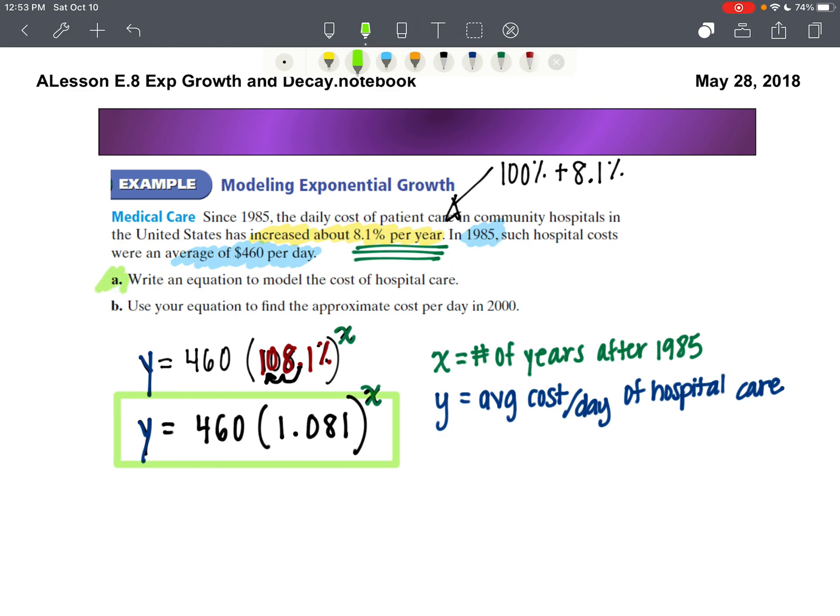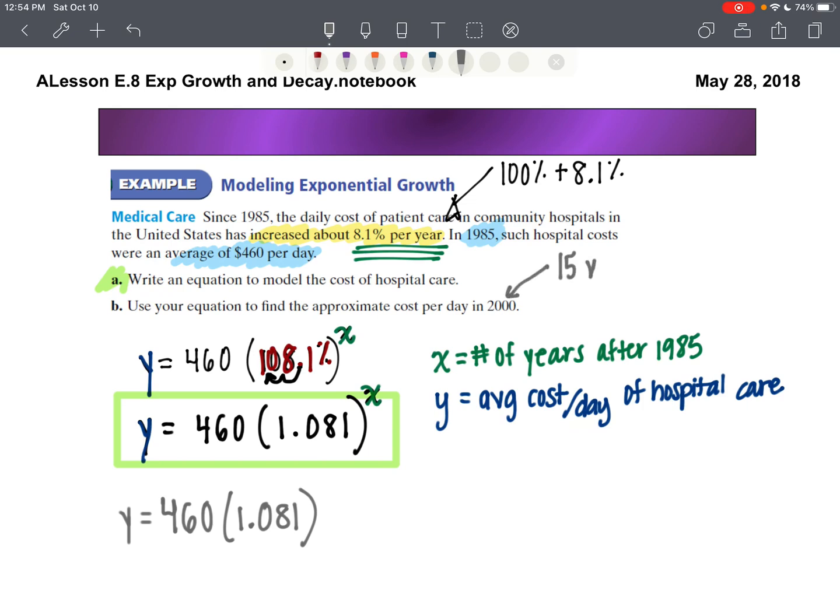Now it says use the equation to find the approximate cost per day in the year 2000. So we're going to use this equation. We need to find y. 460 times 1.081 when x is what number? Well, in the year 2000, that's 15 years after 1985.